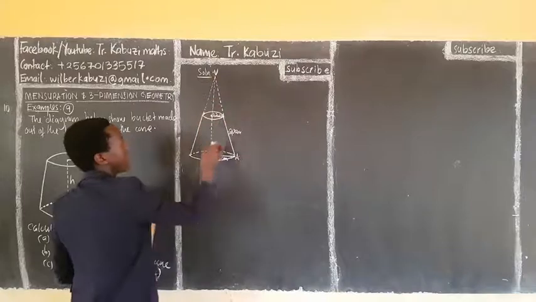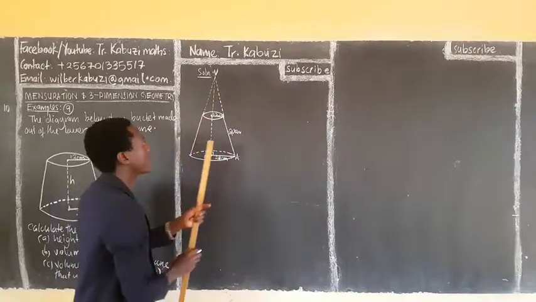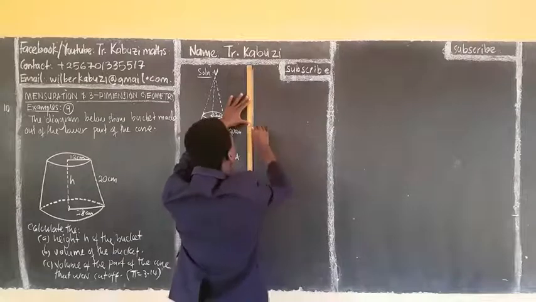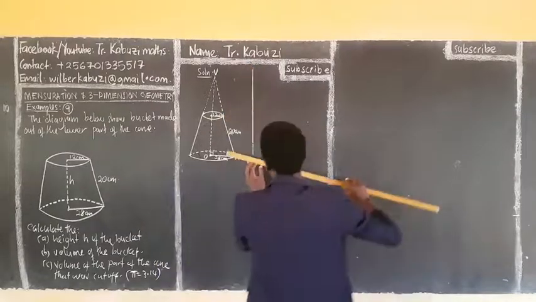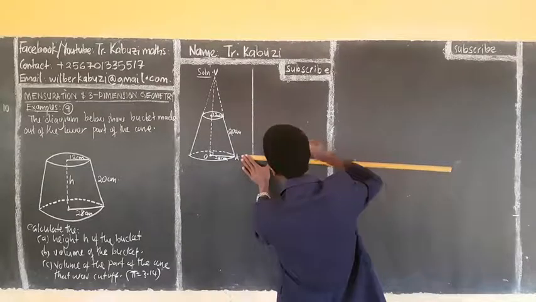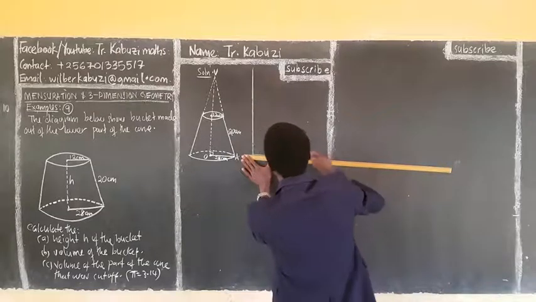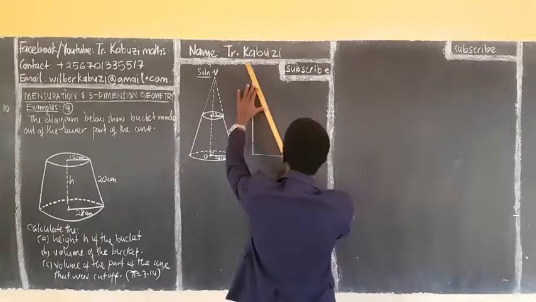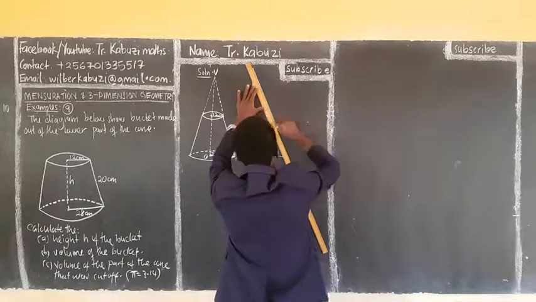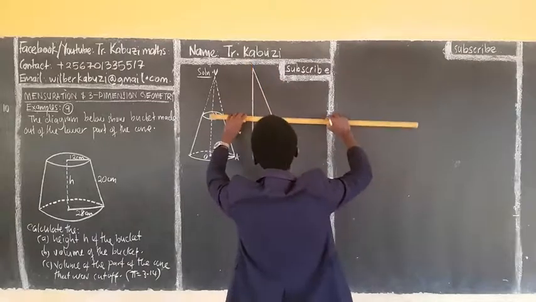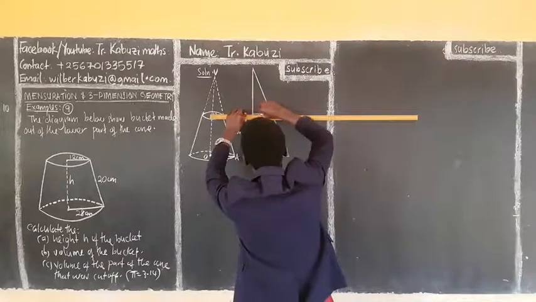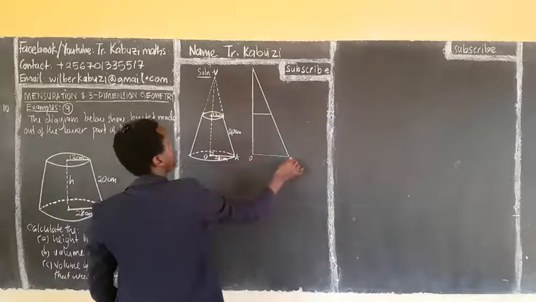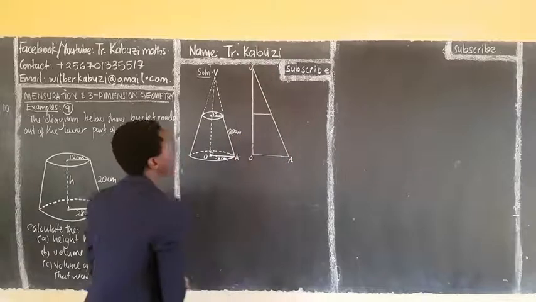I think you see, if I pull out this right angle triangle and put it here, you see that I'm going to have such a thing. If I pull out this triangle O, A, B, that's what I have.